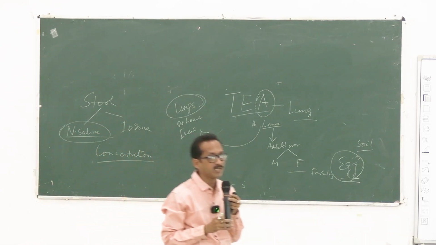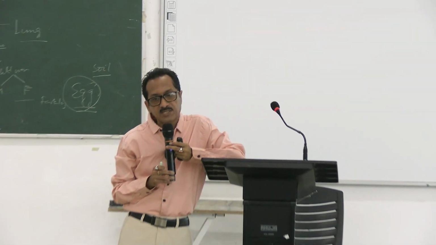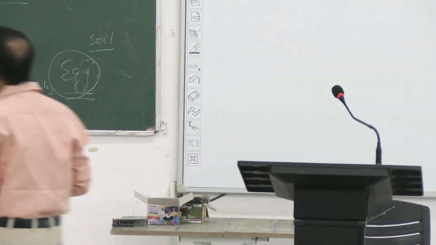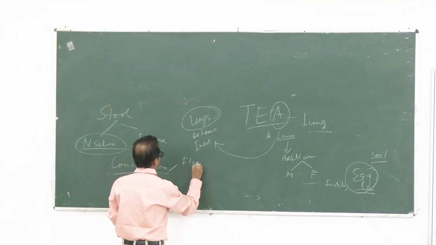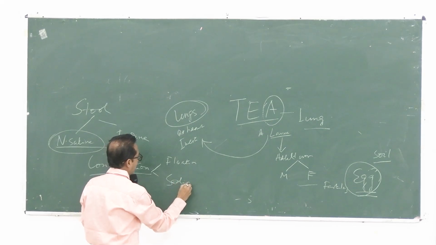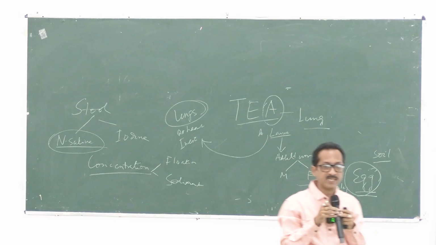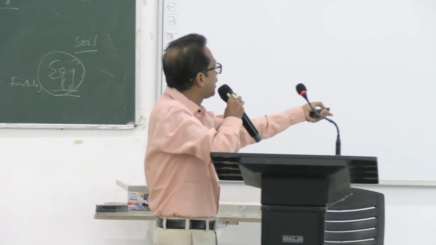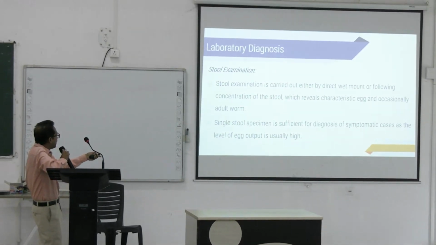Either a flotation method or sedimentation. That will be taken in the practical class when we read stools. A single stool specimen is sufficient for diagnosis of a symptomatic case.